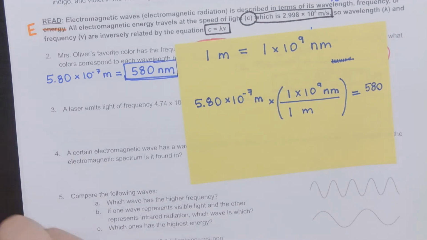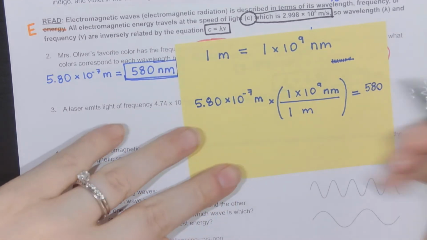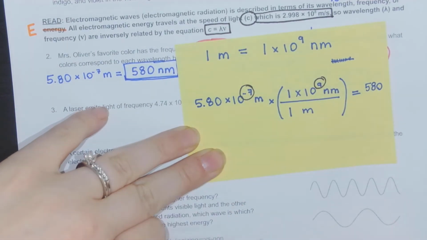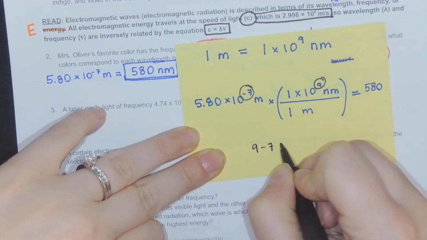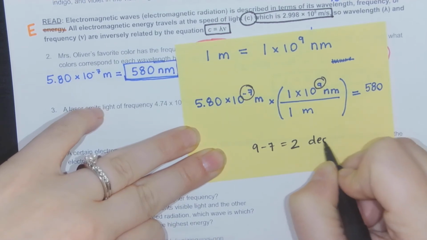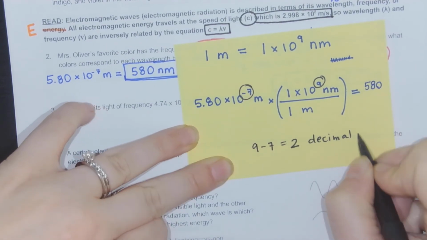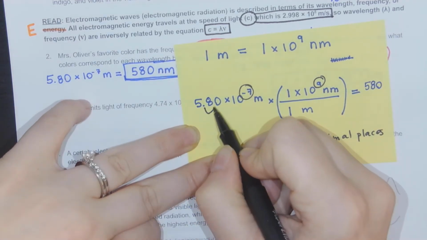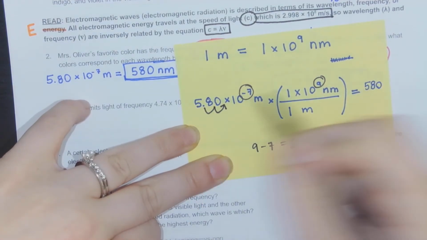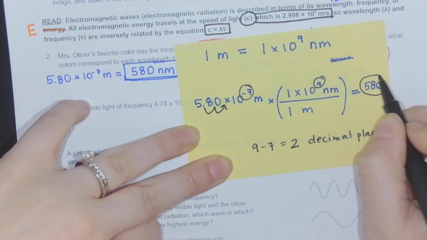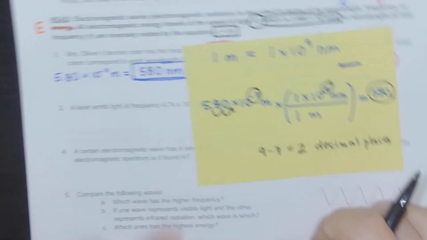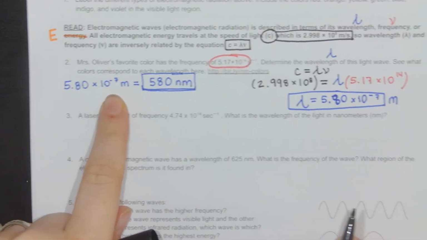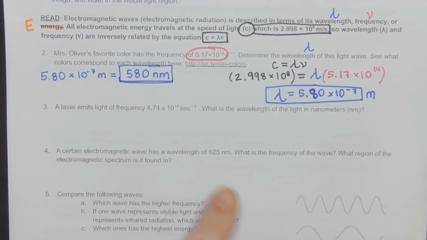I usually will just look at my numbers and go, oh, a nanometer is 9, and this is negative 7. 9 minus 7 equals 2, I need to move the decimal 2 places. Whoop, whoop, move it twice, and you get 580. That's how I do it so quickly whenever I've got these sorts of calculations.